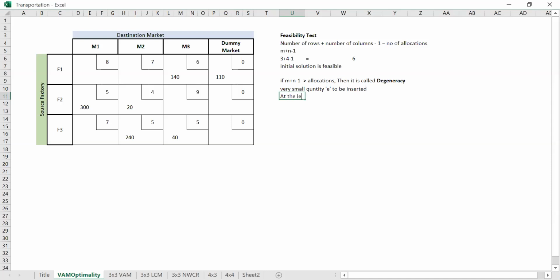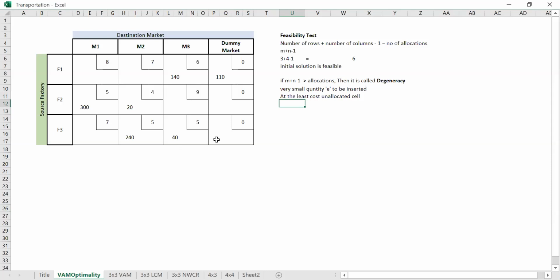At the least cost unallocated cell. So we have 1, 2, 3, 4, 5, 6 unallocated cells. In these 6 unallocated cells, we have to find the least cost.